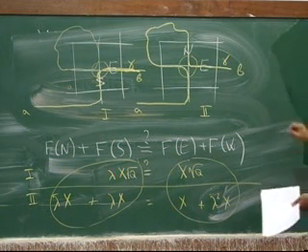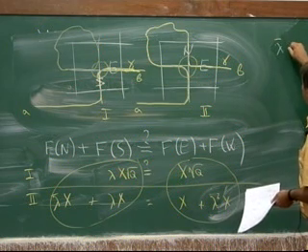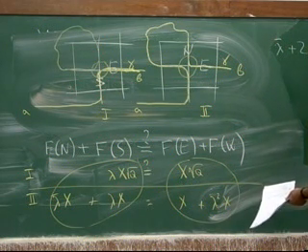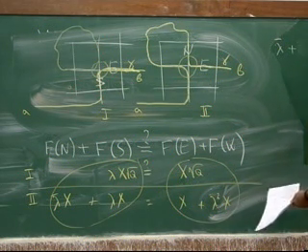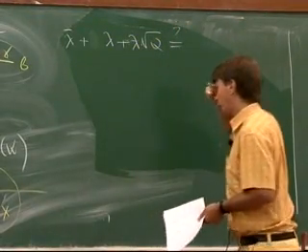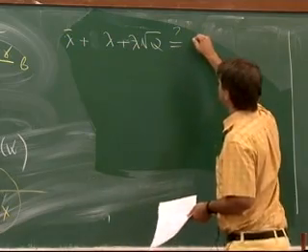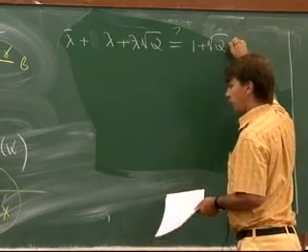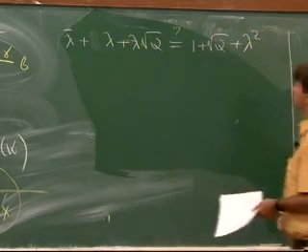So what we want: lambda bar plus twice lambda, plus lambda square root of q, equal to 1 plus square root of q plus lambda squared.